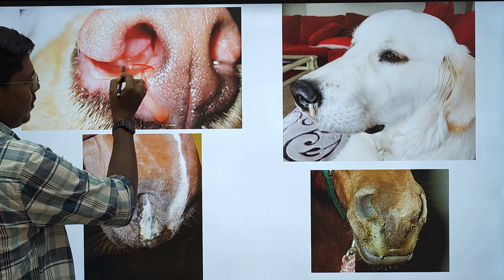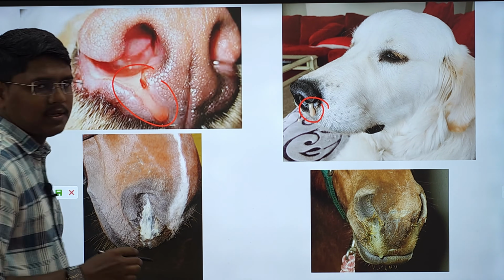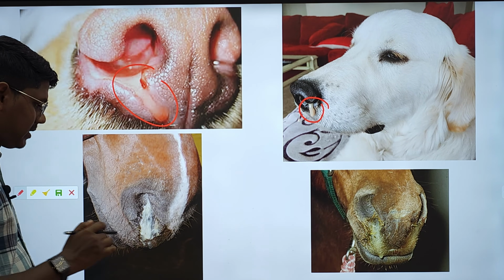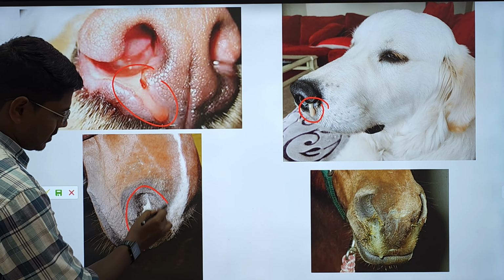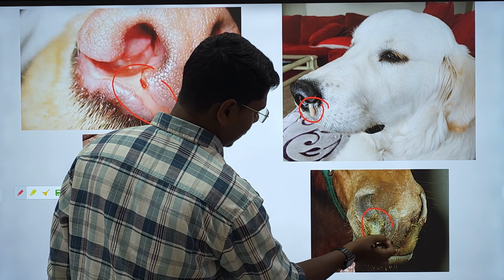You can see mucoid and purulent discharge from the nares. Very sticky mucoid.